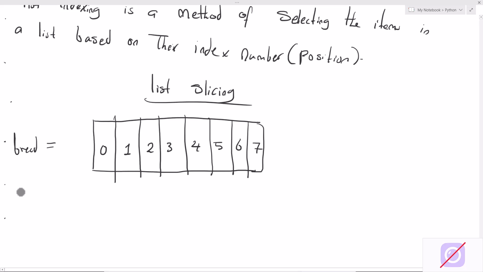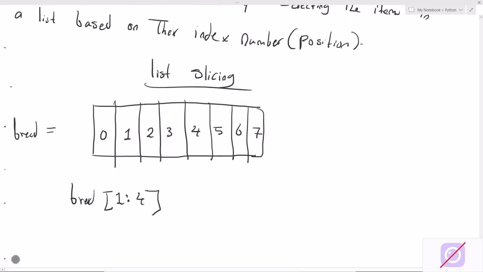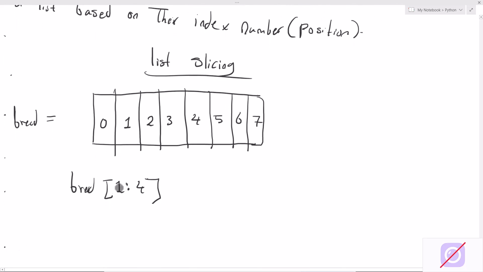If I tell Python to return bread from 1 to 4, this will return the elements or the objects from index position 1 up to, but not including 4.